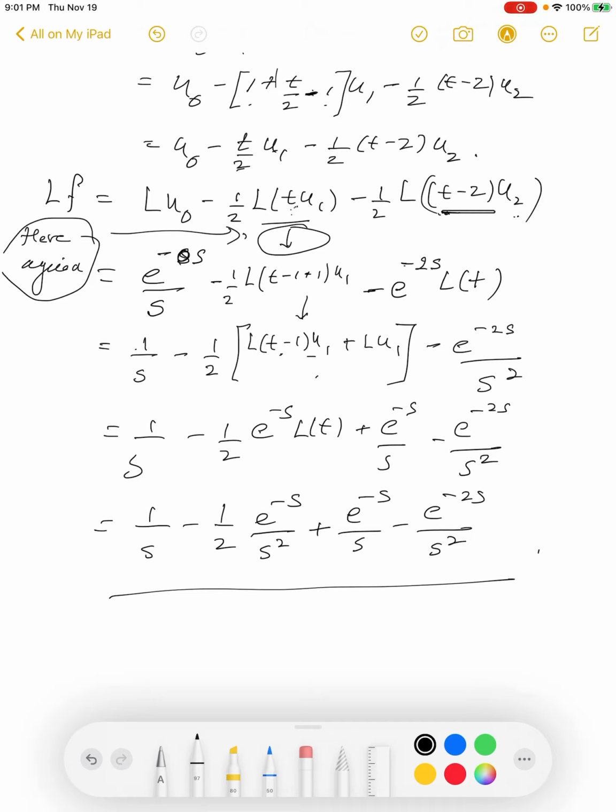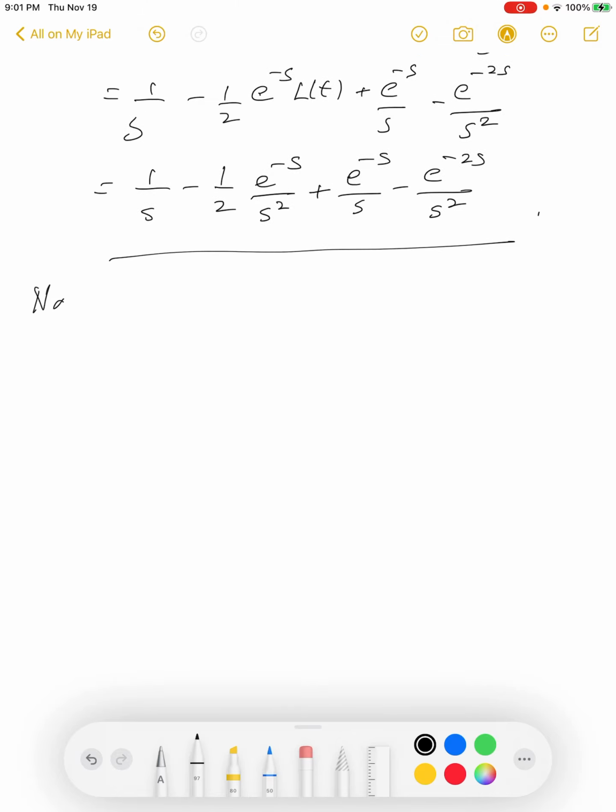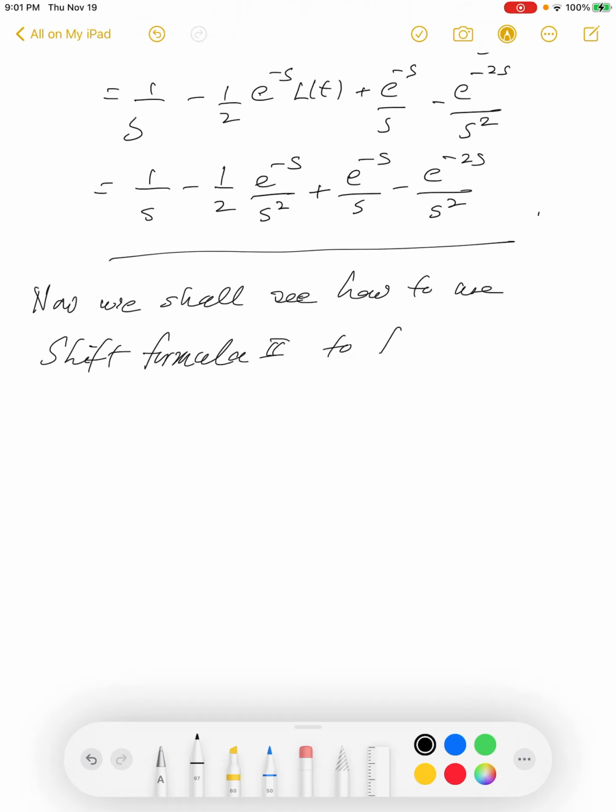Now we shall see how to use shift formula 2 to find the inverses. So the first thing that you should note is that L of f of t minus a ua is e to the minus as times Laplace transform of f.